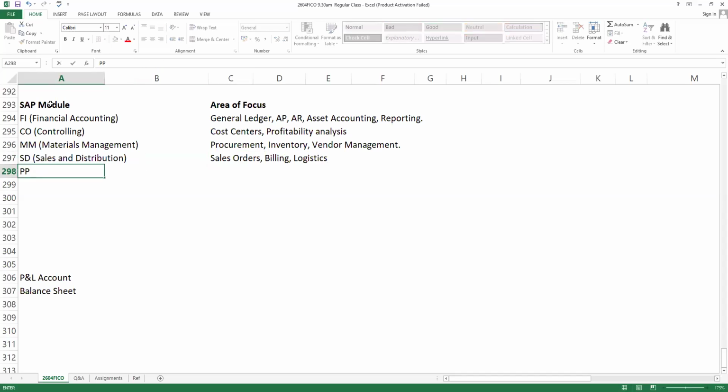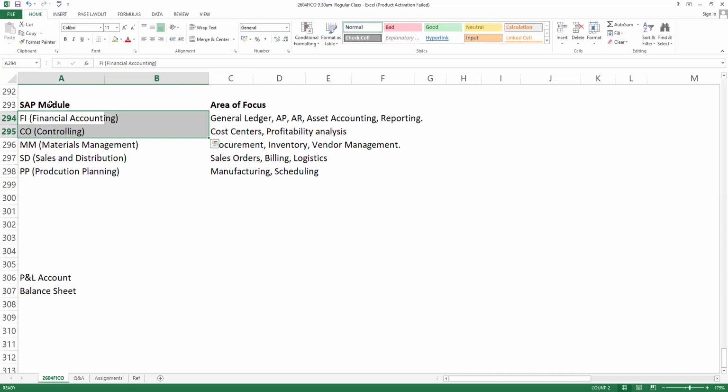Now PP, production planning. They will deal with manufacturing, scheduling. You can think like that. You need not understand everything. Your focus should be on these two, FI and CO.